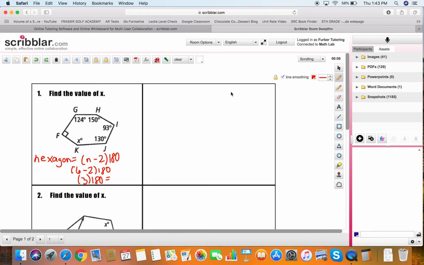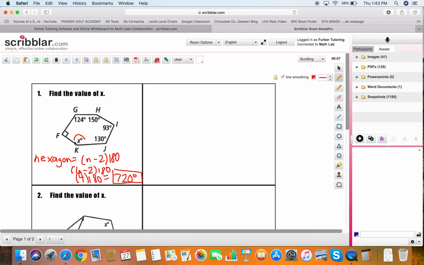Oh, sorry, not 3. My bad. 4 times 180 is going to give me 720. So all of these angles right here have to add up to 720.